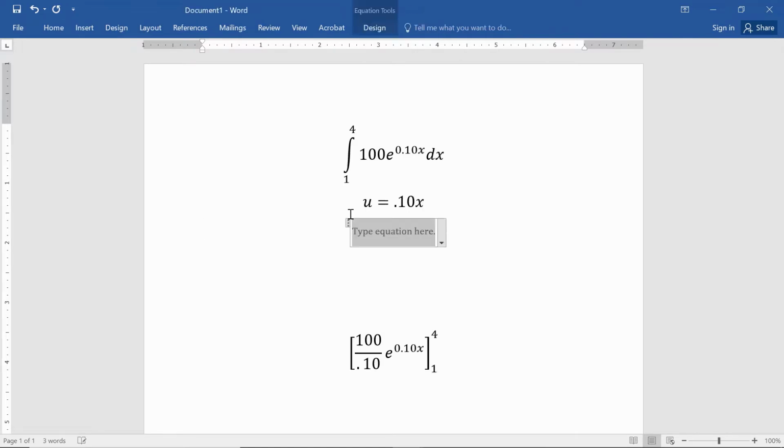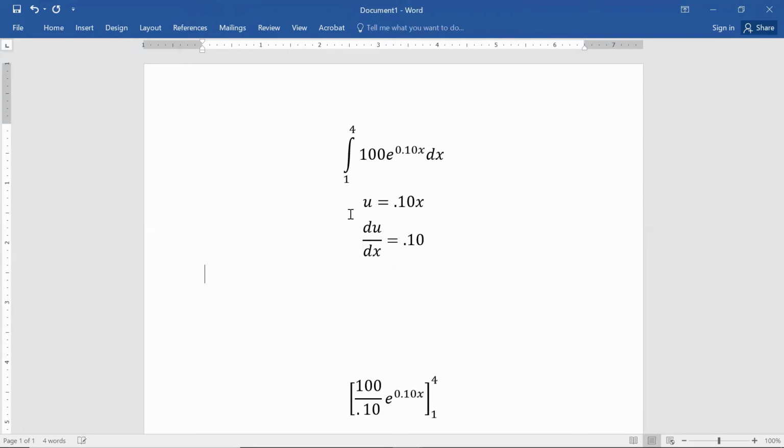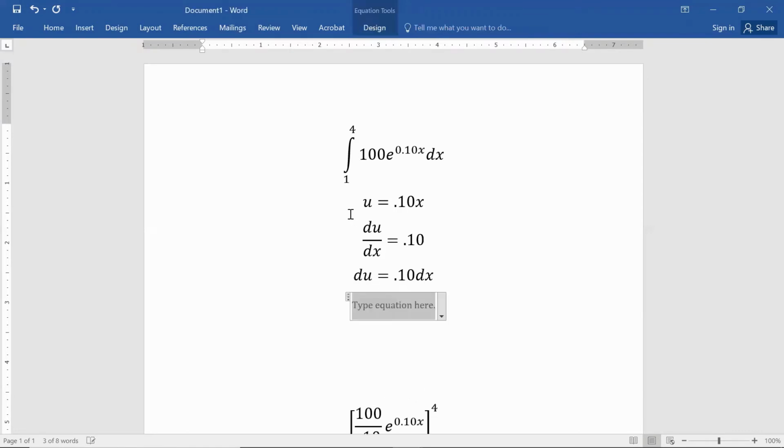That means du with respect to x is going to be 0.10. And that means du is equal to 0.10 dx. And that 1 over 0.10 du can replace the dx.